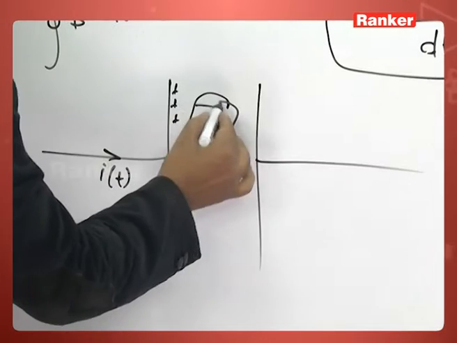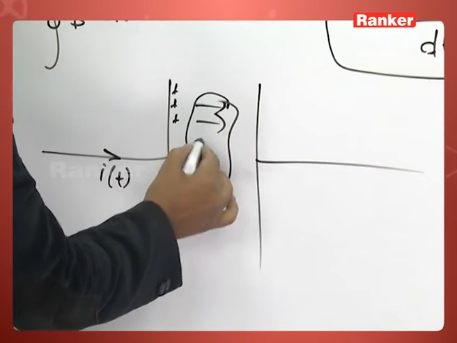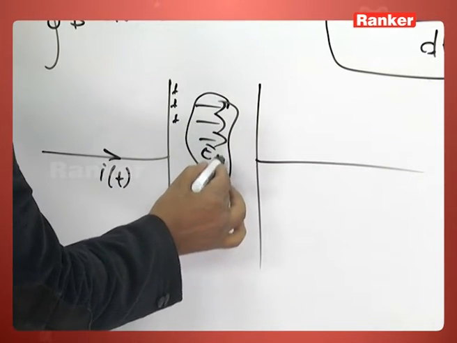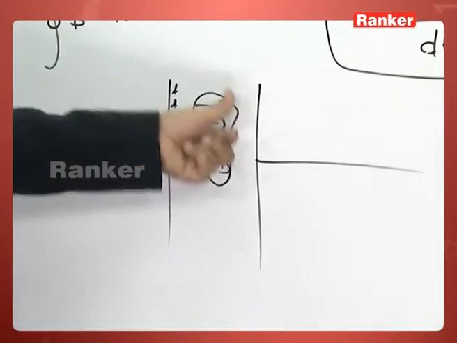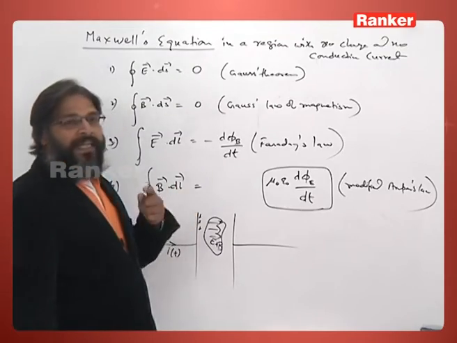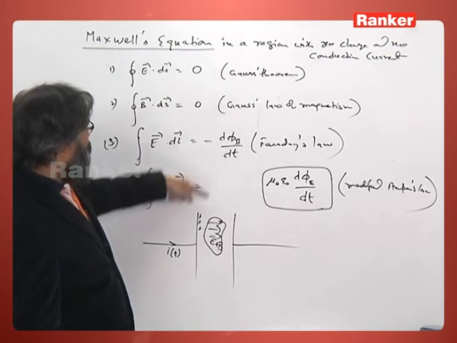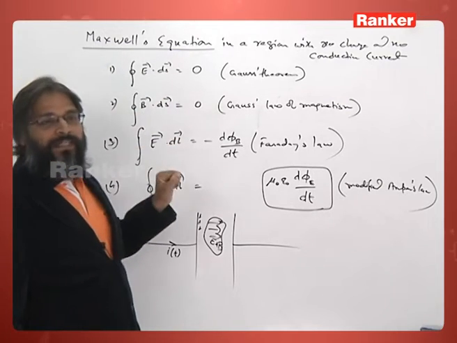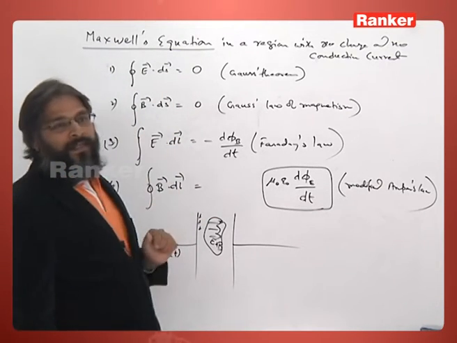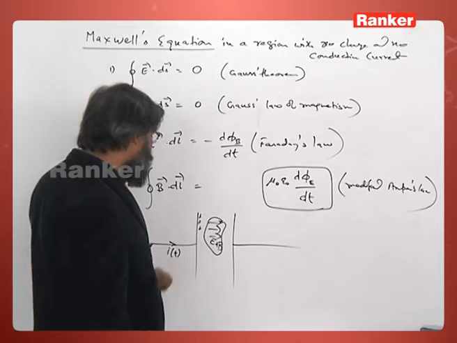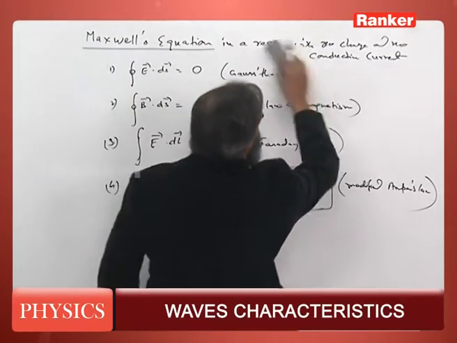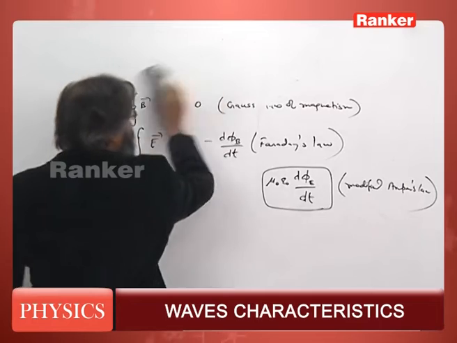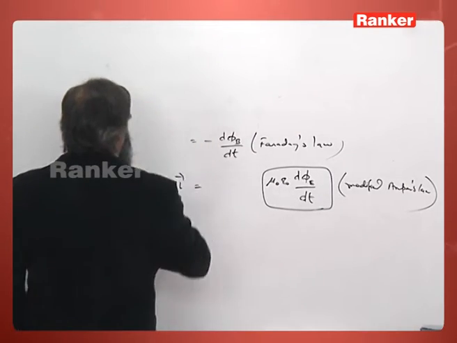So in this region there is a combination of E and B. How E and B will behave in this region can be calculated by all these 4 equations. This was done by Maxwell. We are not going to solve these equations; we are just interested in the solution of these equations.